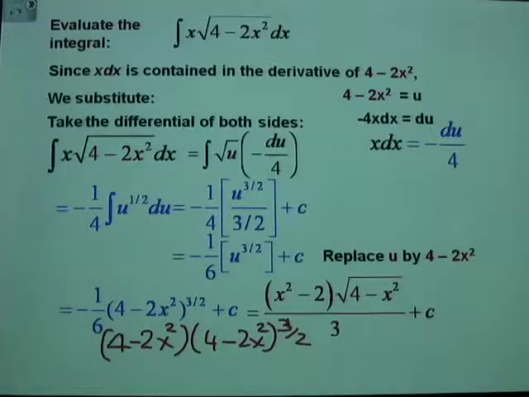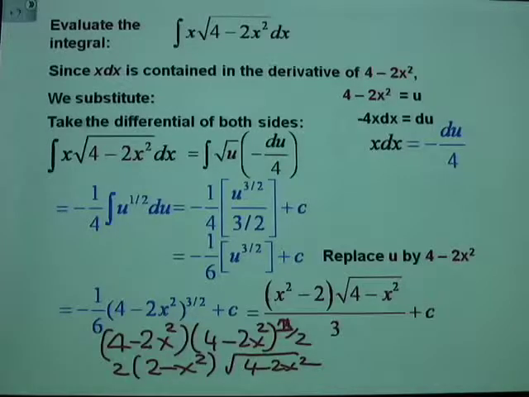Now, 4 minus 2x squared can be written as, we can factor a 2 out. That will be 2 times 2 minus x squared, and 4 minus 2x squared to the power of 1/2 is square root 4 minus 2x squared.